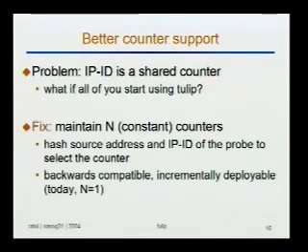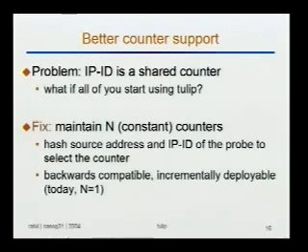So here's a very simple fix to that. Let the router maintain n, where n is a constant number of counters, and the router should basically pick which counter to respond to using the source address and the IP ID of the probe. So even a small n like 10 or 100, this is not per flow state by any means. Like maintain 100 counters instead of picking from one counter. And whenever a probe comes to the router, it should just hash the source address and the IP ID of the probe to select which counter to use and return.